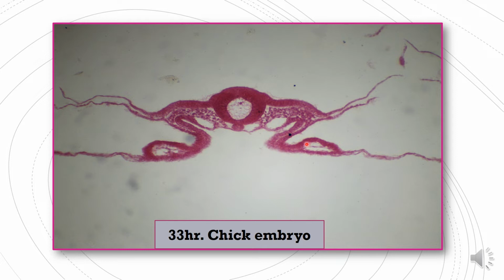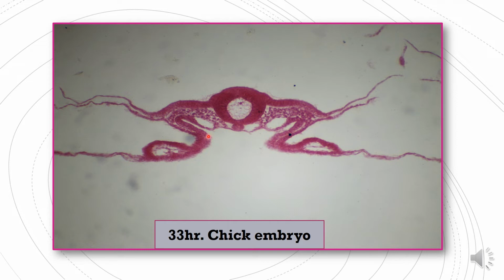But the two limbs of the heart tube are shown in the anterior part of the C shape of the embryo, while the dorsal aorta is shown in the trunk of the embryo.